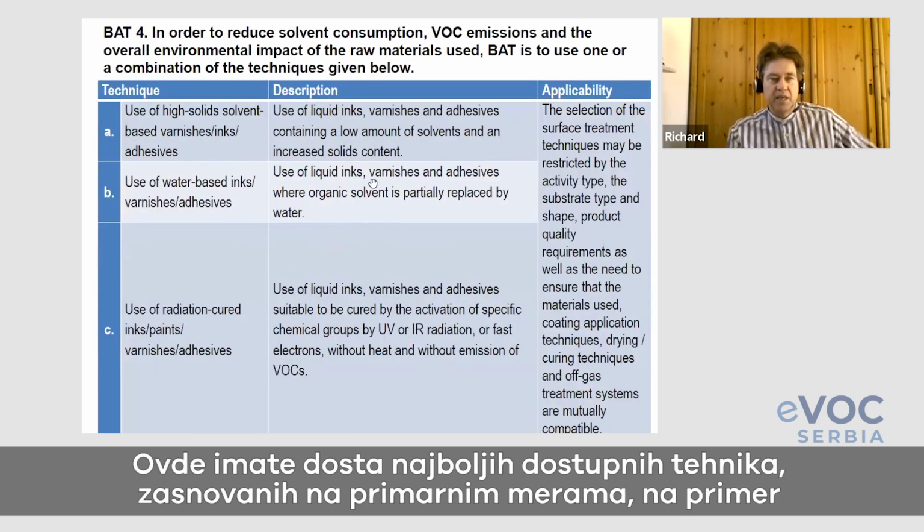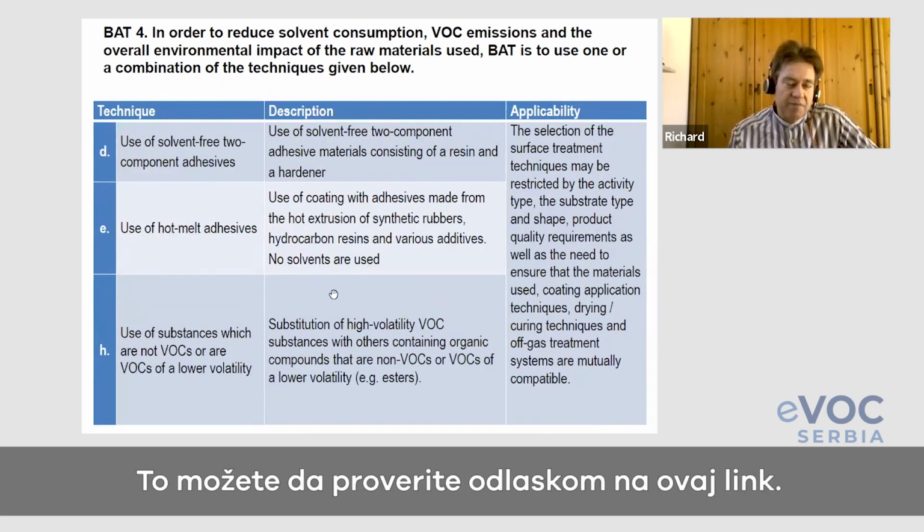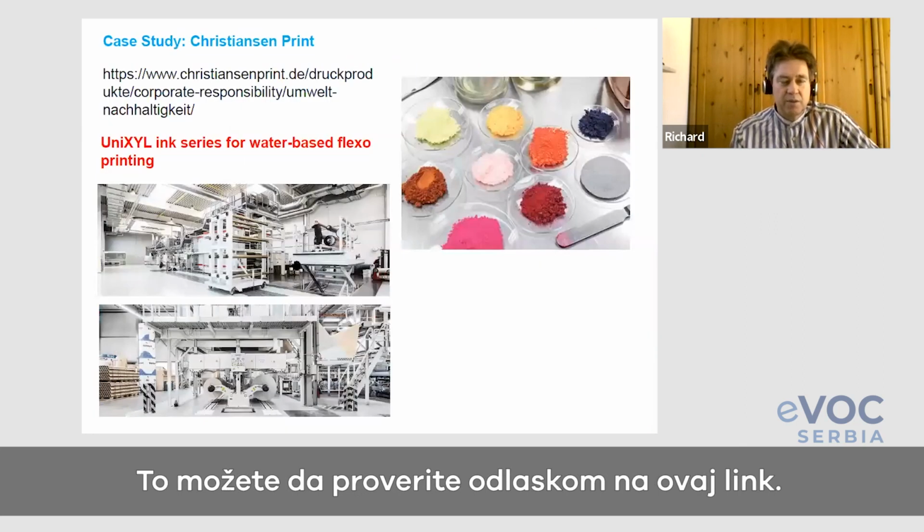So here you find a lot of best available techniques based on primary measures like radiation curing, varnishes and inks and so on. You can check that later if you like, or go directly to this document.